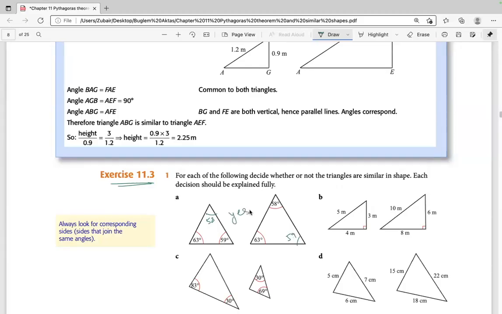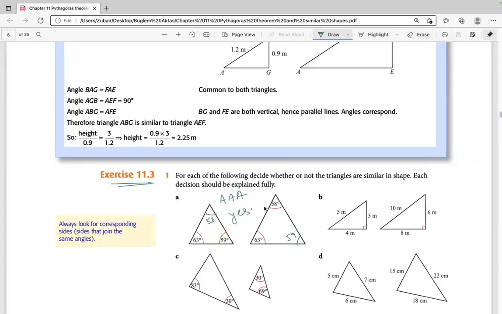So it's similar, yes. It says each decision should be explained fully, so we would say all three angles are the same, AAA. Correct.